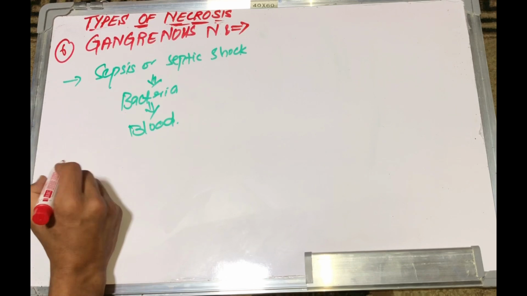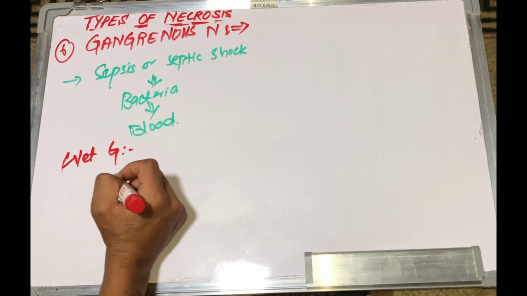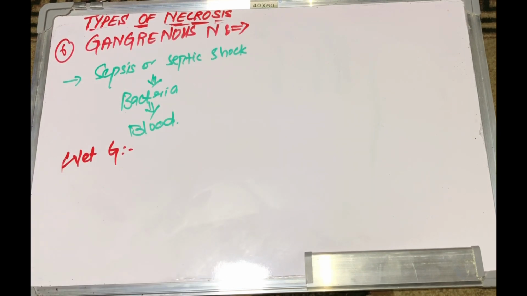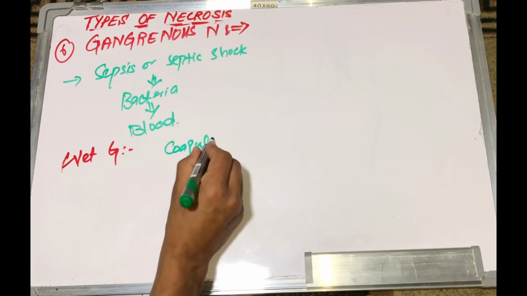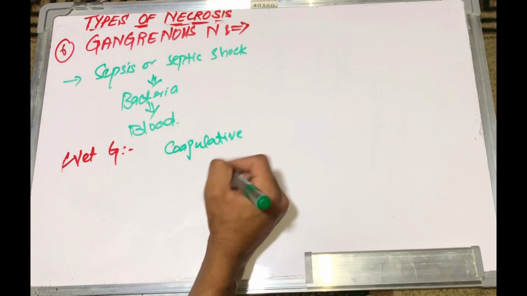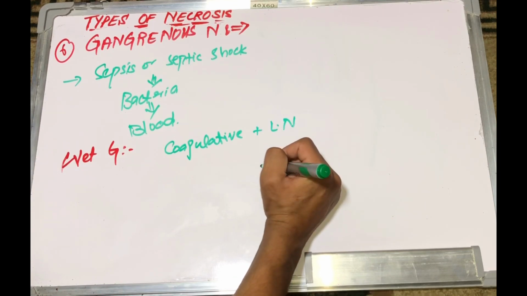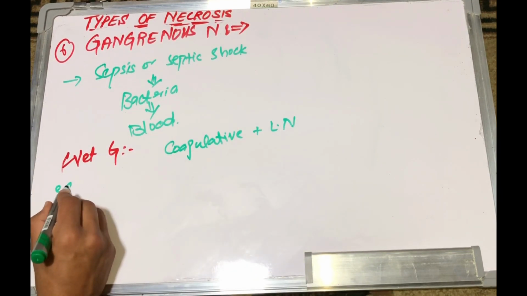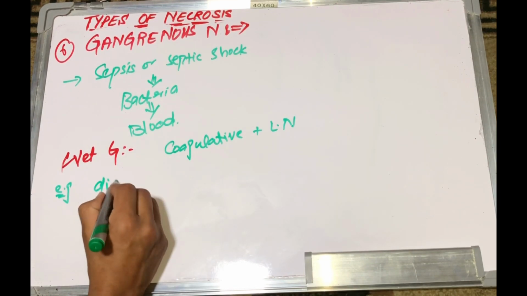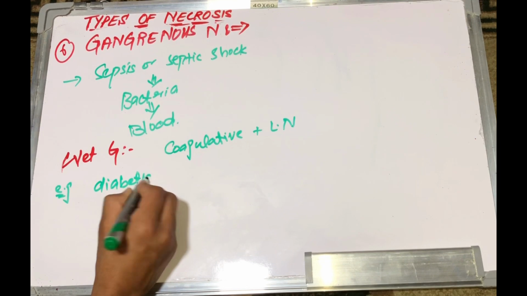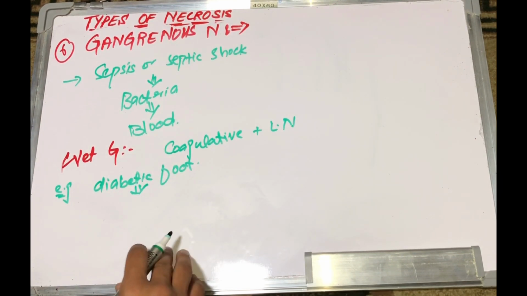Now we will learn about wet gangrene, what wet gangrene is. It is a combination of coagulative plus liquefactive necrosis. An example where we can see it is the diabetic foot. What happens in a diabetic foot?